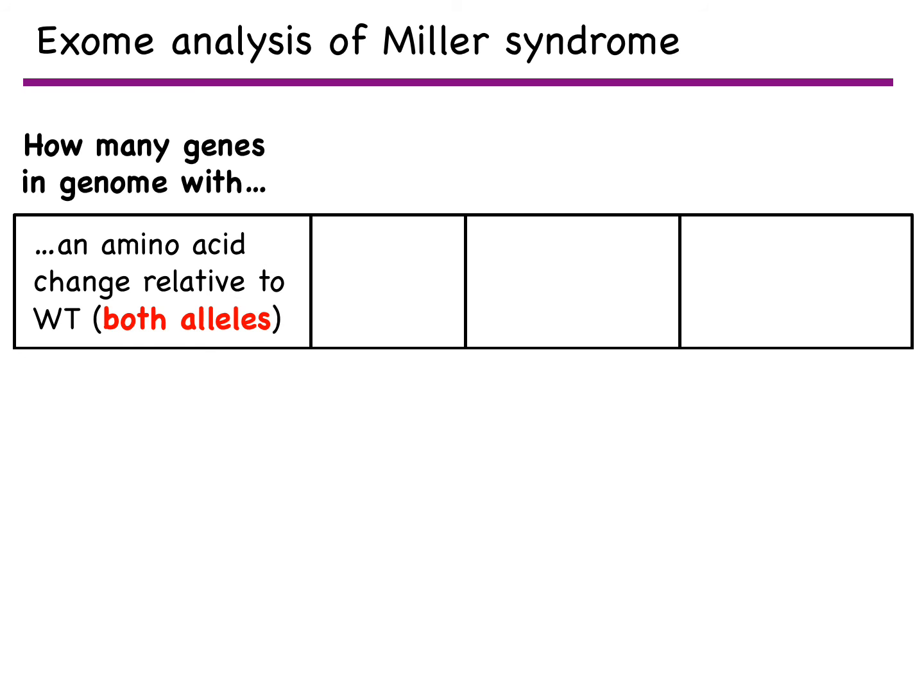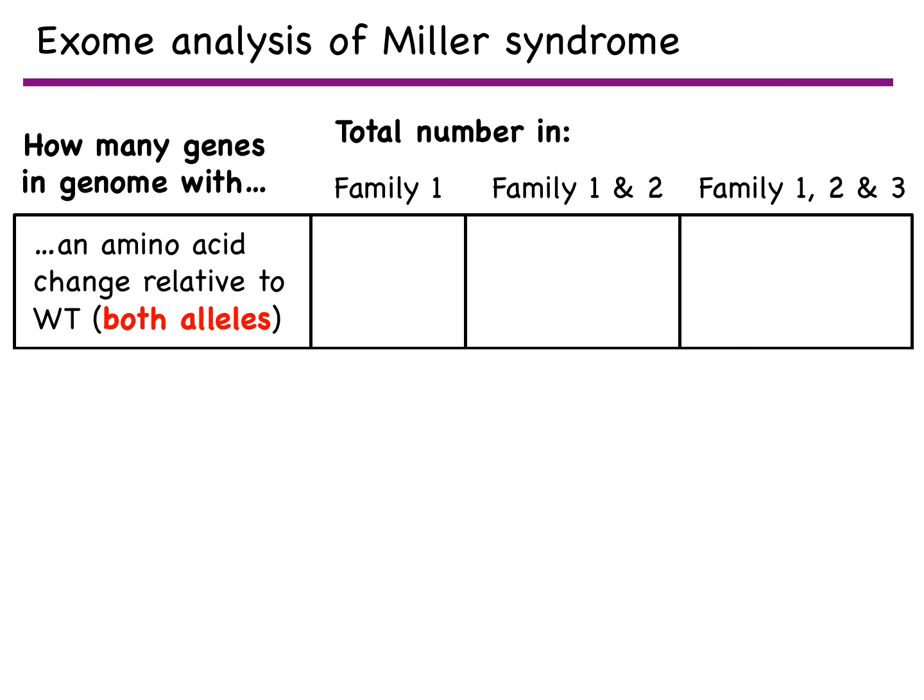And they were looking for amino acid alterations in both alleles of the gene because, again, Miller syndrome is a recessive disorder, so you'd expect both copies of the gene to be defective, to have a mutation. And so when they did this, they calculated the total number in family 1, the total number that were common between family 1 and family 2, and the total number that were in common between all 3 families. So again, the names family 1, family 2, and family 3 are just arbitrary, but I'm just going to use these terms anyway.